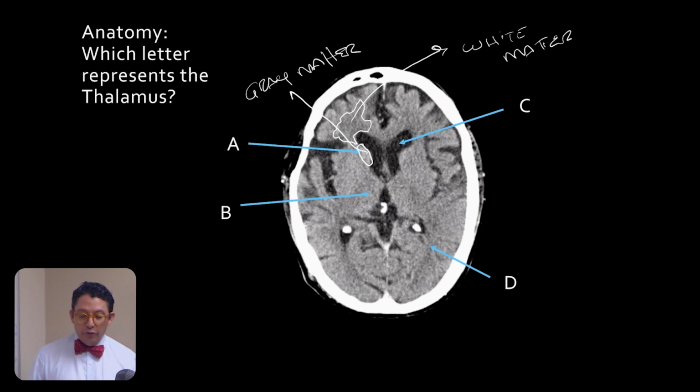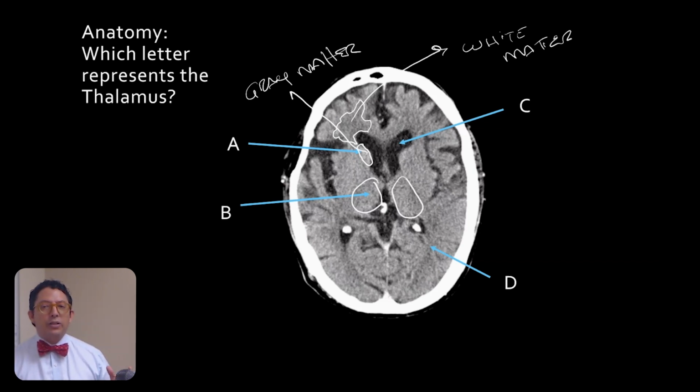So which of these, A, B, C, or D, represents the thalamus? B. Yes. So B is the structure that is right there, which is the thalamus. Very important structure. The thalamus is one of the nuclei that you have inside of the brain. It has loose gray matter, but it is gray matter, and is the most important relay of all of your sensory pathways.